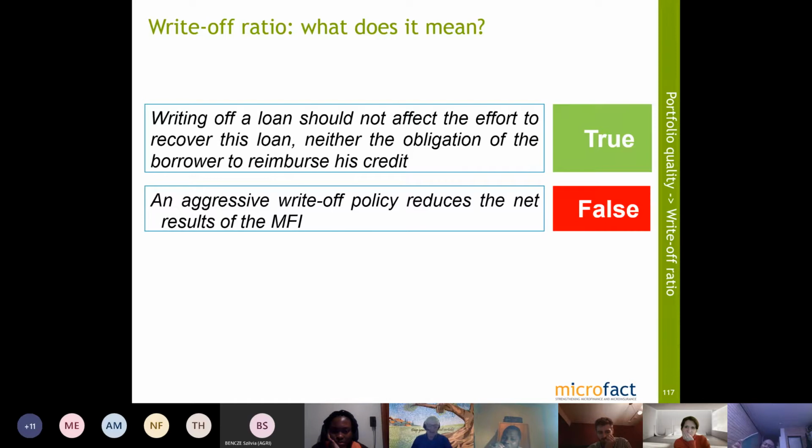You have to put in a lot of provisions, otherwise you cannot write off. And when you add provisions, that reduces the net results of your MFI, because it's an expense. It's a non-cash expense, but it's still an expense. So your net result will go down. This is only true when you have enough provisions in your loan loss reserves. So this is not a very good question.